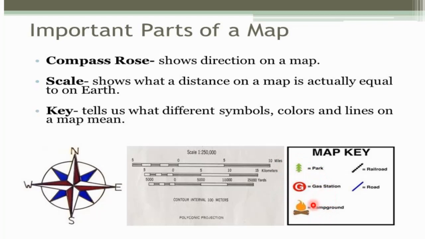Here we have the alphabet G which shows a gas station. Here we have a sign of fire and wood that shows a campground. Similarly, there is a straight line which shows a road.